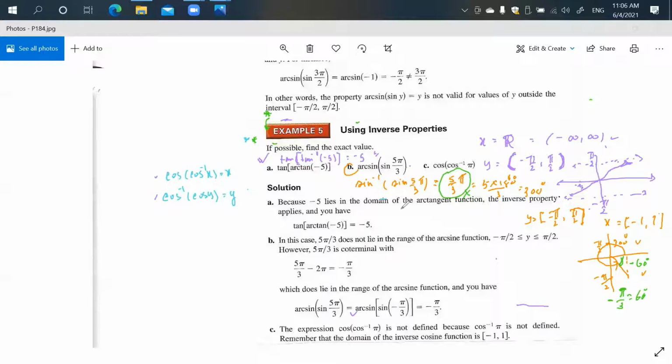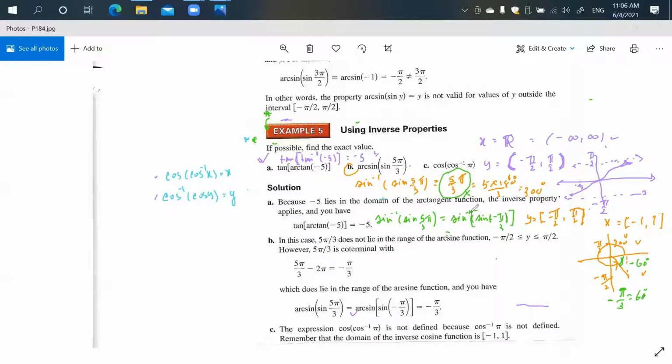So in this case, for question B, from this one you can write down arc sine of sine of 5 over 3 pi will equal arc sine of sine of negative pi over 3. So we can write the big bracket here and this small bracket here, and then the big bracket here.